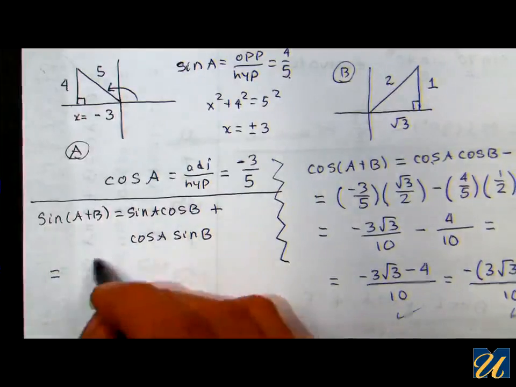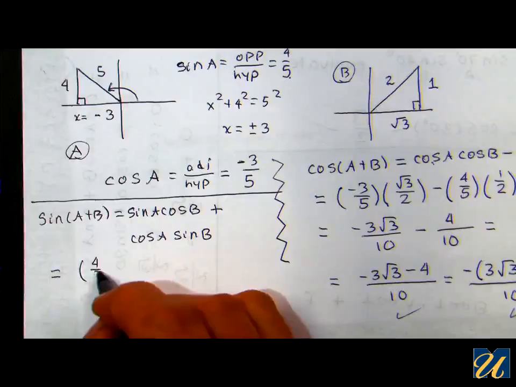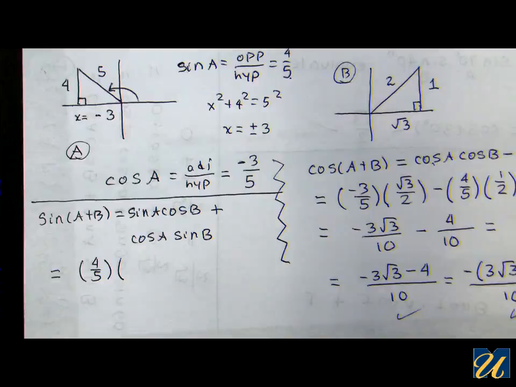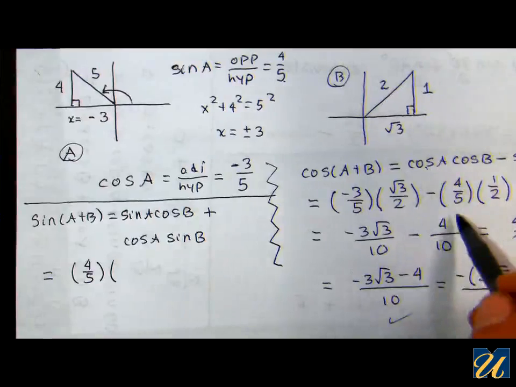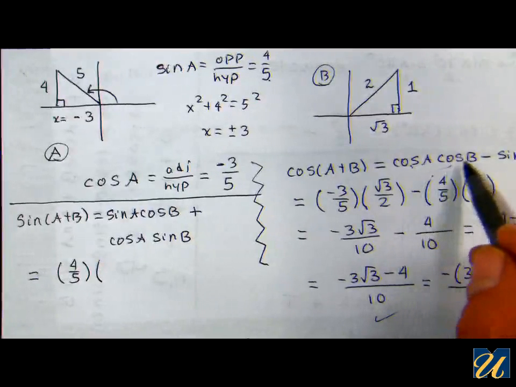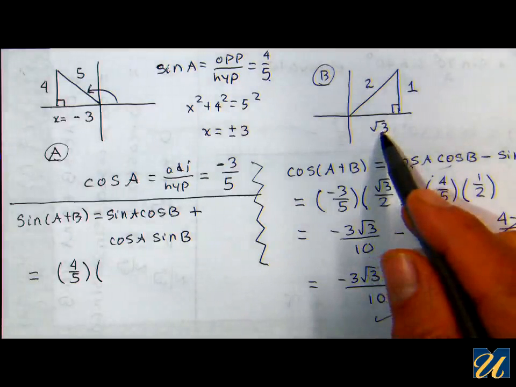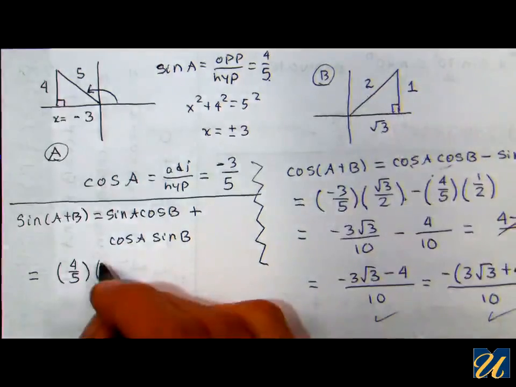So sine of A, okay, that was given, that's 4/5. Cosine of B, do we know the cosine of B? Yes, we do. Cosine of B is root 3 over 2, or you could refer here, adjacent over hypotenuse, so that's root 3 over 2.